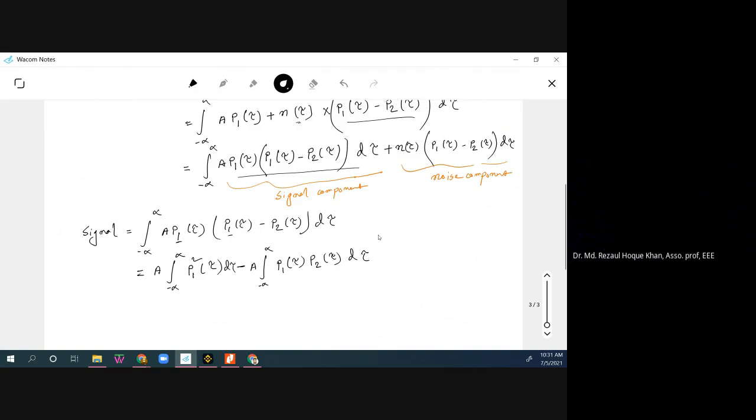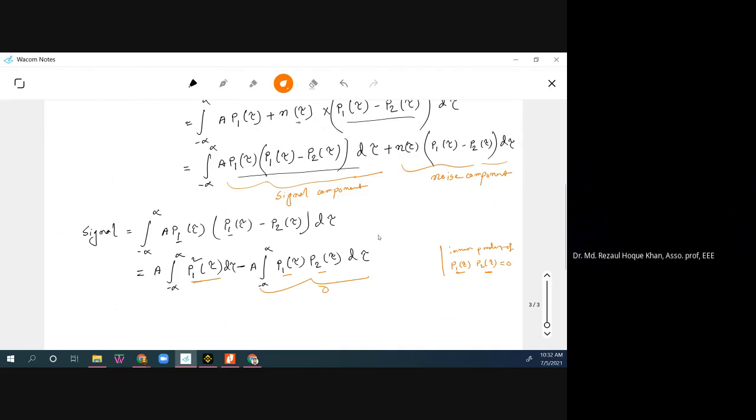Remember, this is the inner product of p1 and p2, which we have seen earlier, and it should be 0. We say that p1 and p2 are orthonormal: their inner product is 0 because they are orthogonal, and their normalized power is unity.